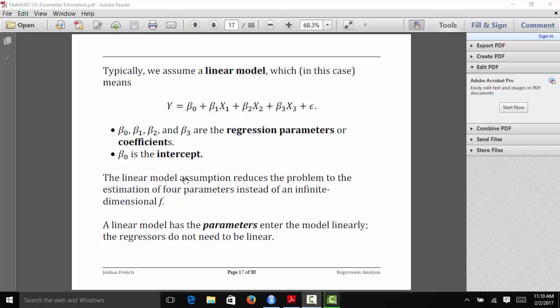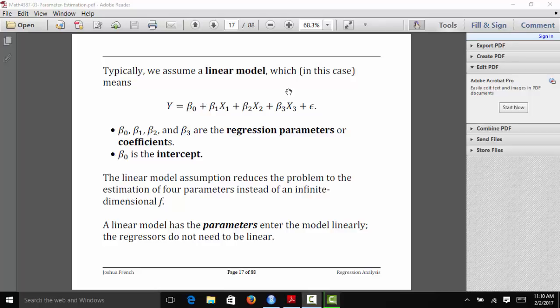So it's quite common in statistics to assume a linear model, which in this particular case means that the response is equal to an intercept plus a linear combination of three regression coefficients in each regressor variable plus our error. So beta naught, beta 1, beta 2, and beta 3 are the regression parameters or regression coefficients.